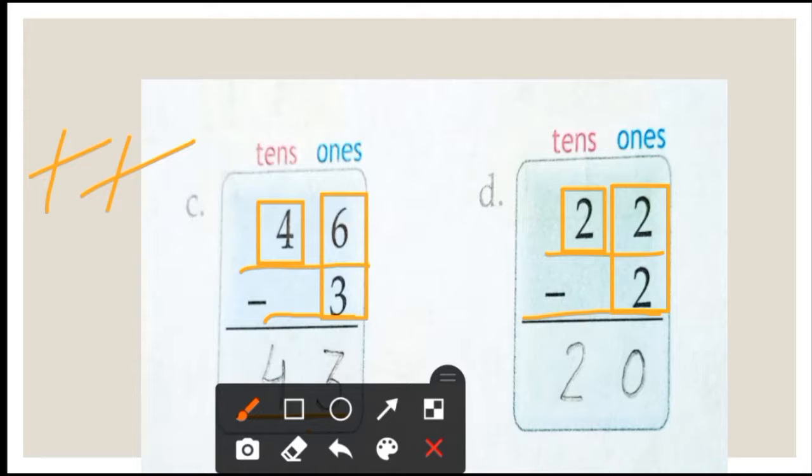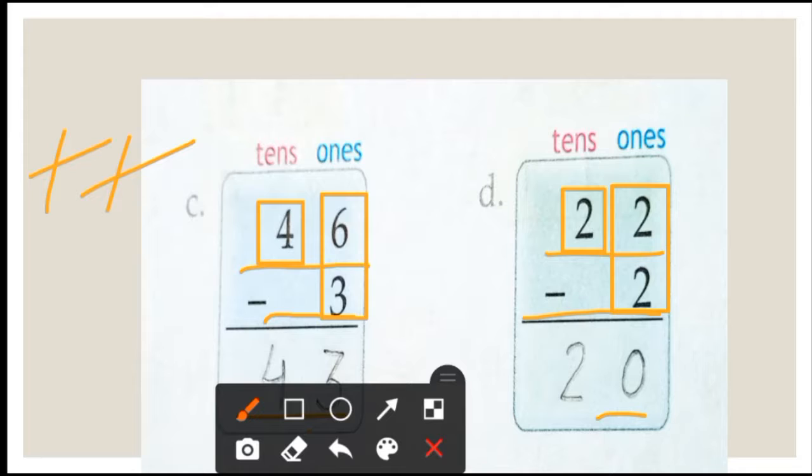Students, one more basic rule is there: a number minus the same number is equal to 0. Like here we are subtracting 2 from 2, so we get 0. Now we will move on to the tens part.